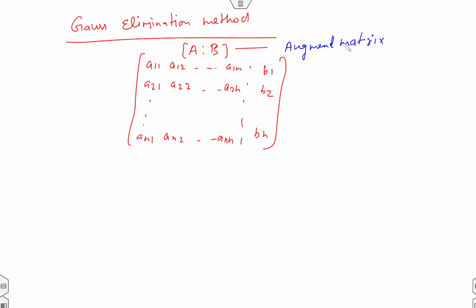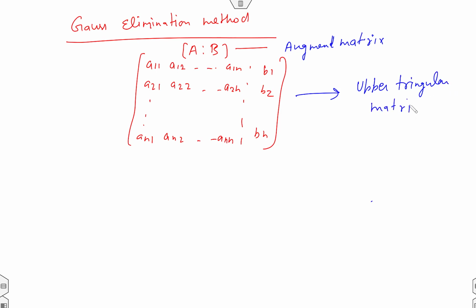So we write the augmented matrix, and then we convert this matrix [A|b] into an upper triangular matrix.